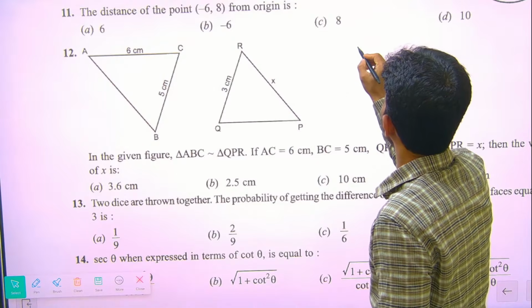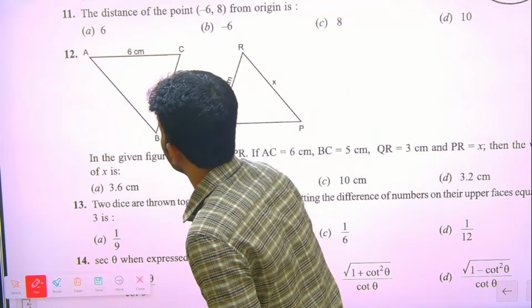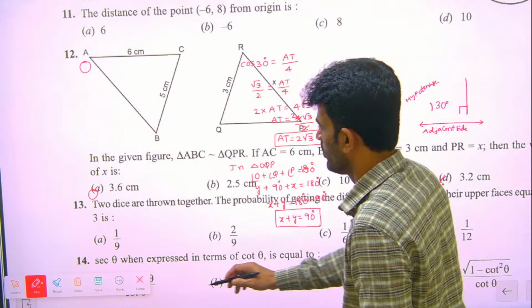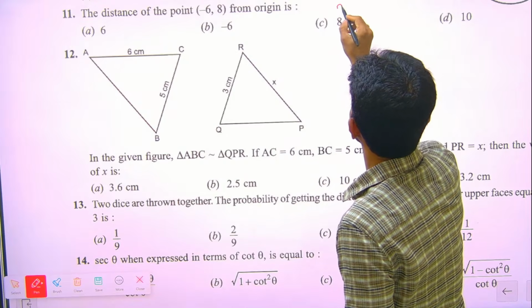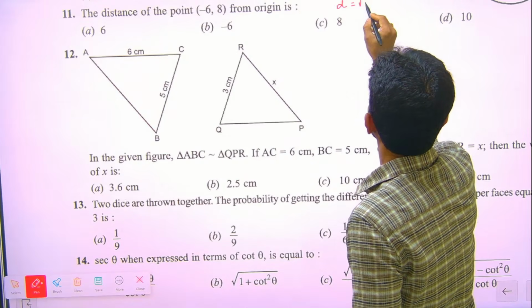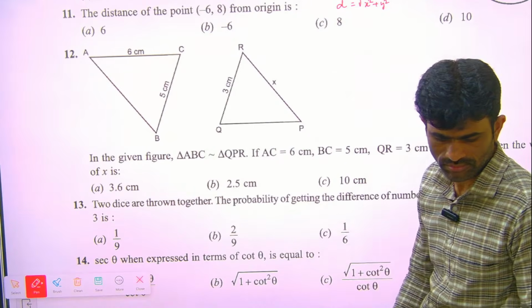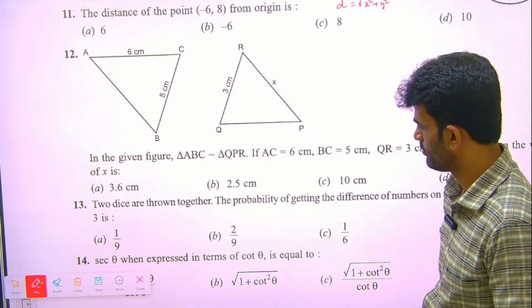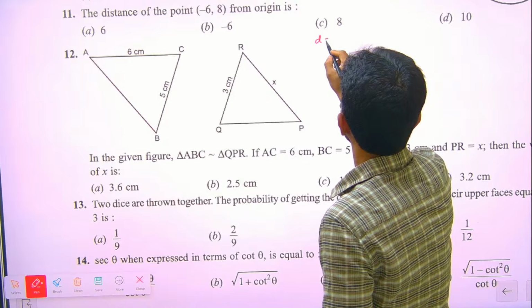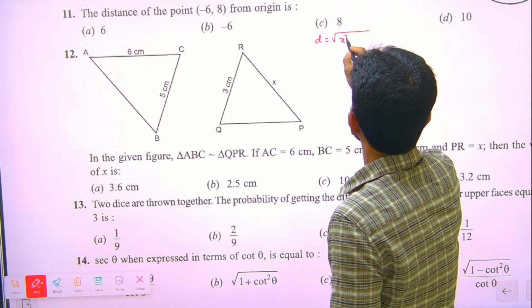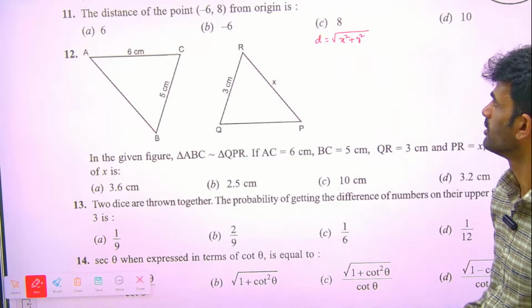Because the distance is between the origin and a point, the formula is going to be d is equal to root of x square plus y square, because one point is the origin.